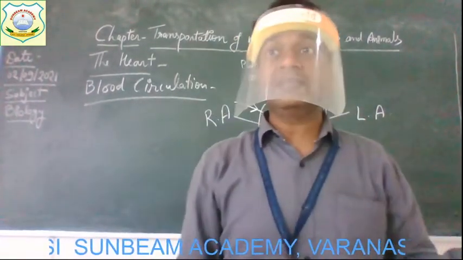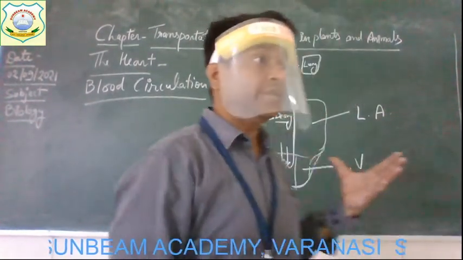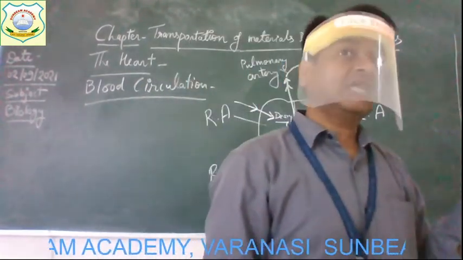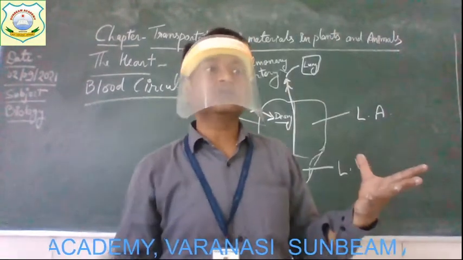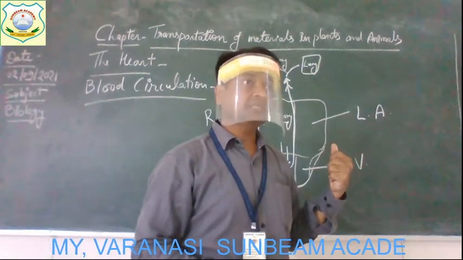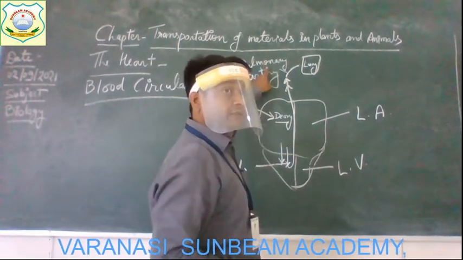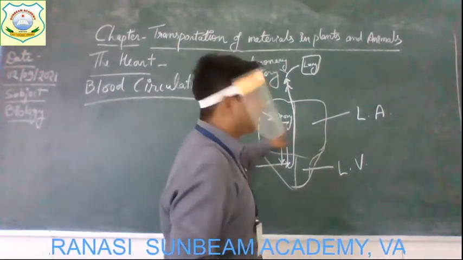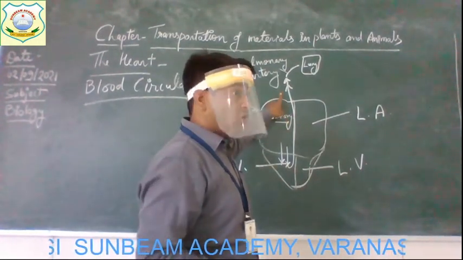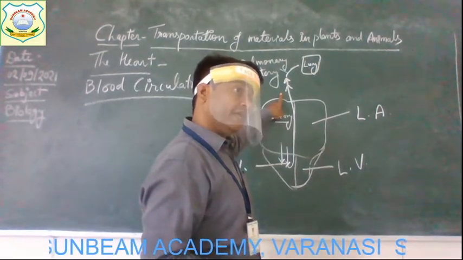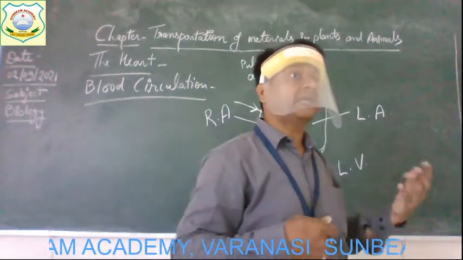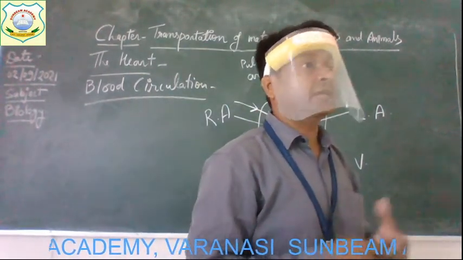You must know the name of this artery. Another important thing to remember is that generally arteries carry oxygenated blood, is it not? But this pulmonary artery is going to carry which kind of blood? Deoxygenated blood, not oxygenated blood. Except it, the rest of all the arteries of our body carry oxygenated blood.